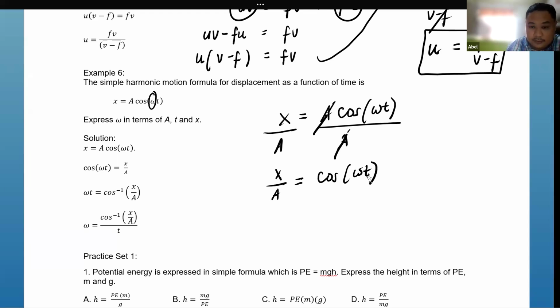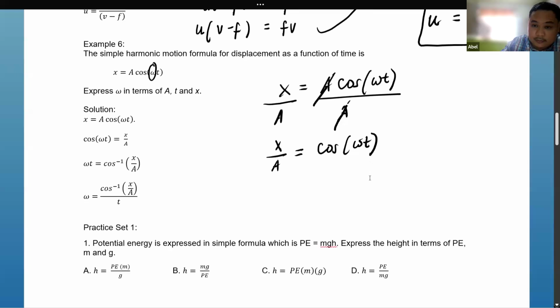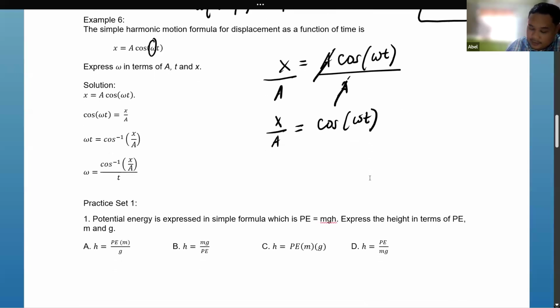For us to remove the cosine, we need to get the inverse of the cosine on both sides, cosine raised to -1, or the arc cos.